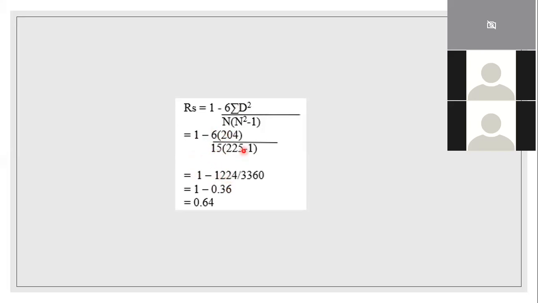And then 15 times 224, which gives us the 3360. We divide these two values, we get 0.36. And now we minus it from the 1, and we get 0.64. So, is it sort of clear how you calculate this Spearman's rho?